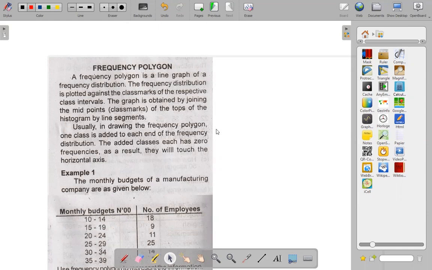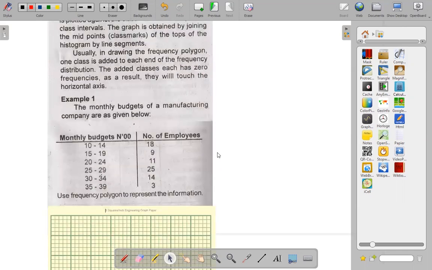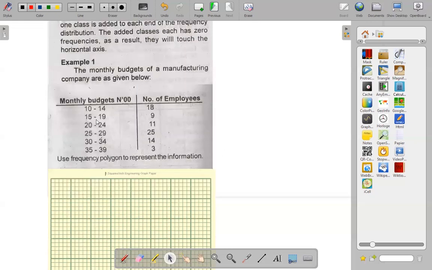Now we have an example here. The monthly budget of a manufacturing company is given in class intervals. From 10 to 14, we have 18 employees. 15 to 19, we have 9 employees. 20 to 24, 11 employees, and so on. Use a frequency polygon to represent the data.